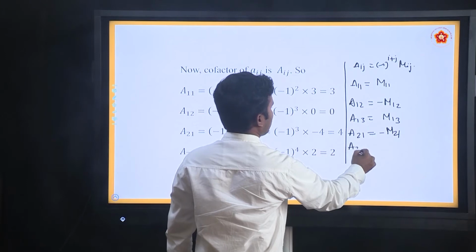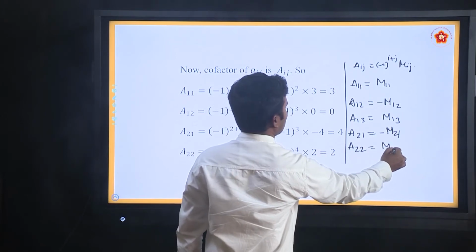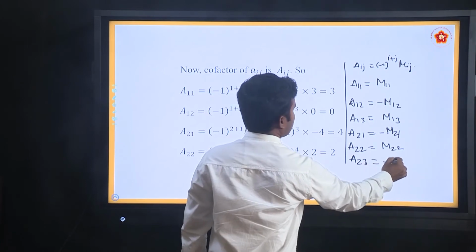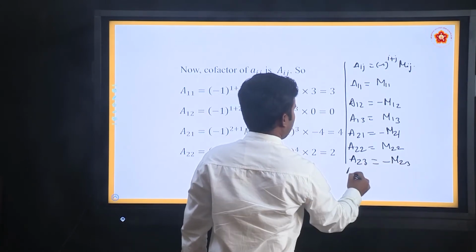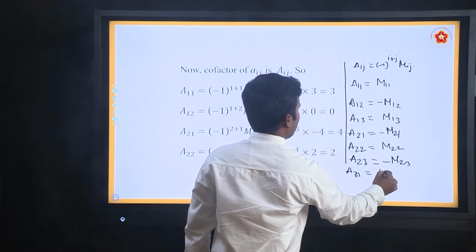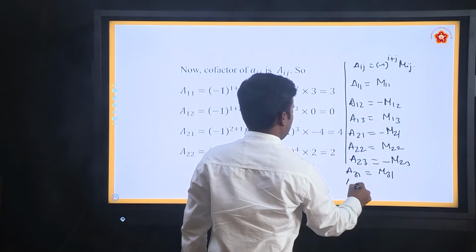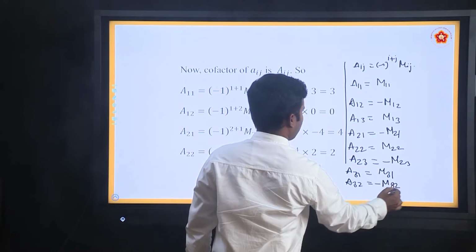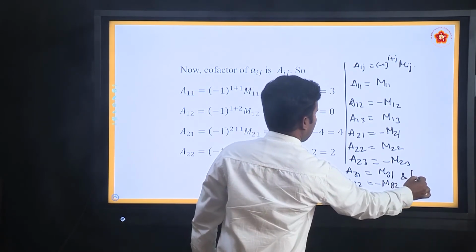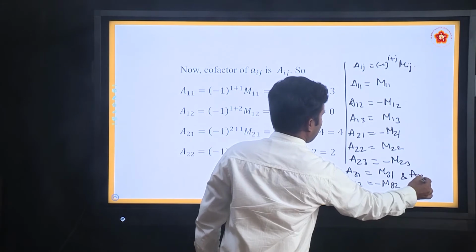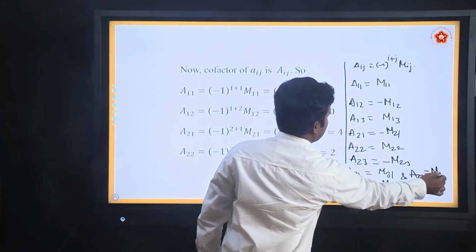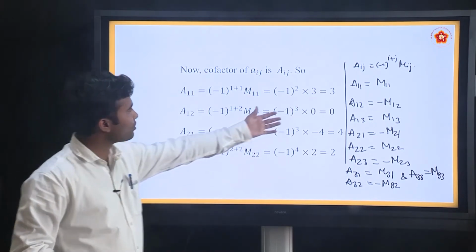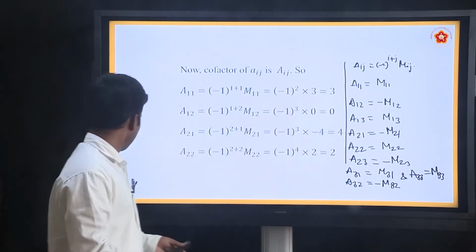And a22 is m22, a23 is minus m23, a31 is m31, a32 is minus m32, and a33 is m33. So, this is easier to remember. I just wrote all this by using that relation.